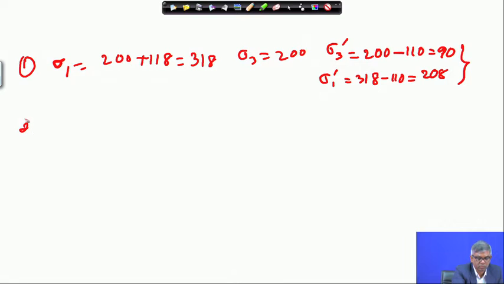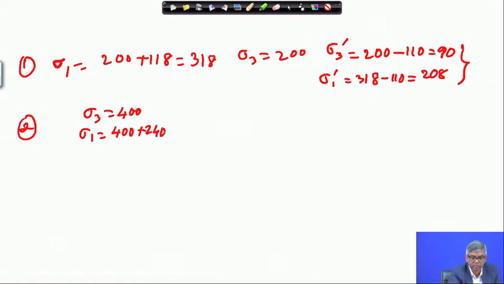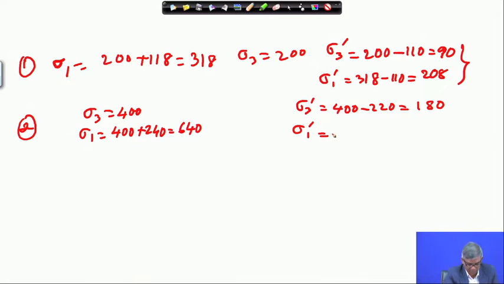For test 2, similarly, sigma 3 is 400 and sigma 1 will be equal to 400 plus 240, that is actually 640. Then sigma 3 dash will be equal to 400 minus 220, that is equal to 180, and sigma 1 dash will be equal to 640 minus 220, that is 420.